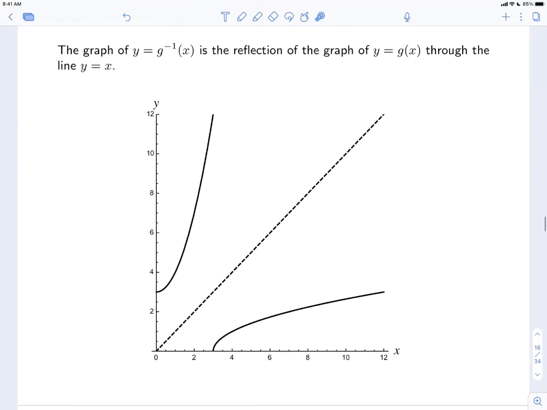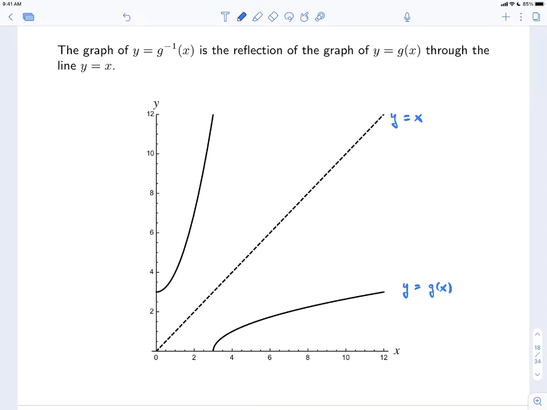If you put them on the same xy axes, then the graph of y equals g inverse of x is the reflection of the graph of y equals g of x through the line y equals x. So this is the line y equals x. And down here, this is y equals g at x.